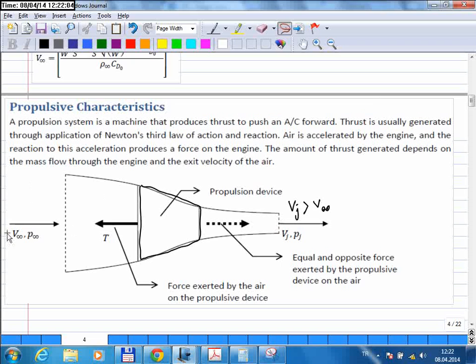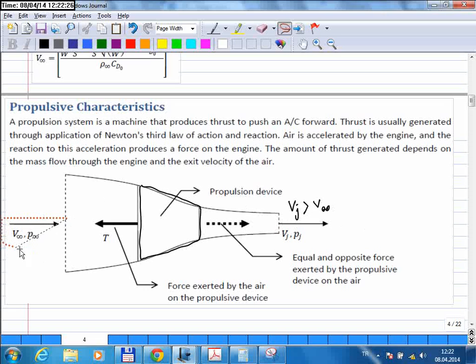Okay, so you have air here. The engine sucks in air and then gives air an acceleration. Normally the air is stationary. The engine sucks that air in and then pushes it out with some velocity. And this is possible by applying a force on the air, right?